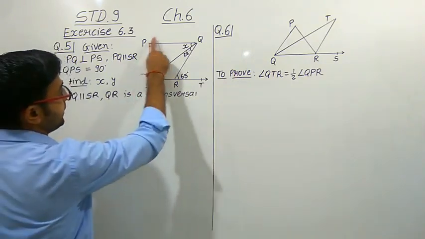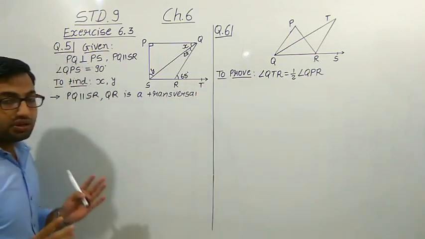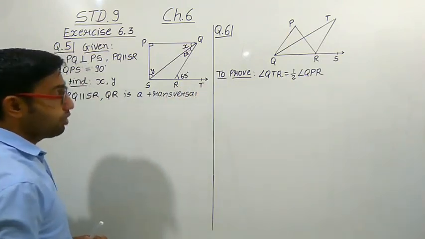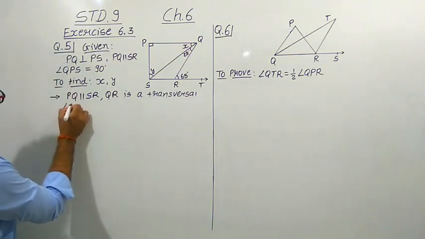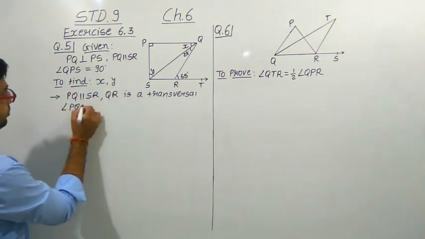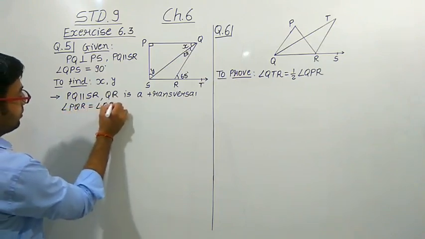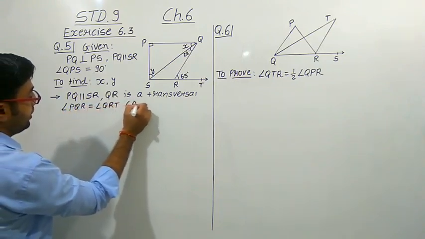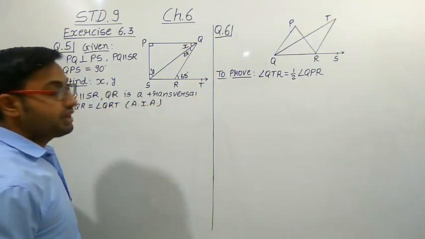See, angle PQR and angle QRT, both these angles will become equal because of alternate interior angles. So here we can write that angle PQR is equal to angle QRT according to the alternate interior angle property.